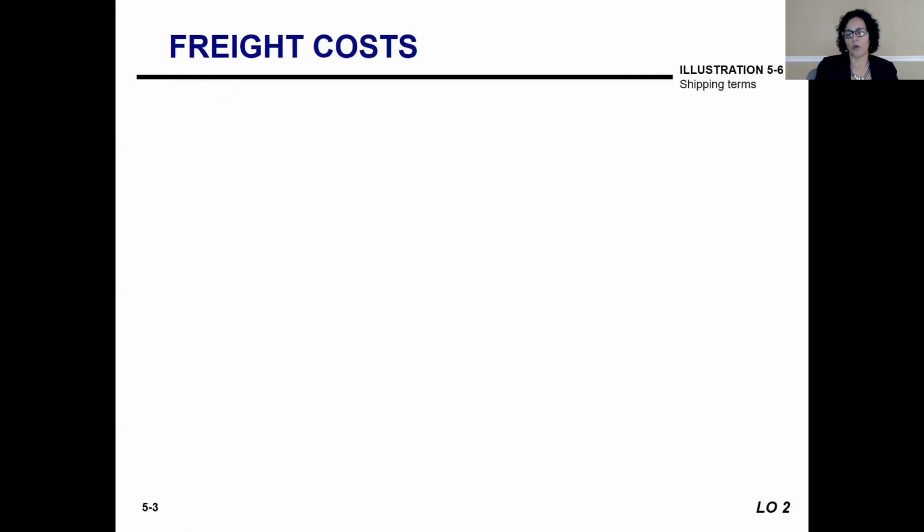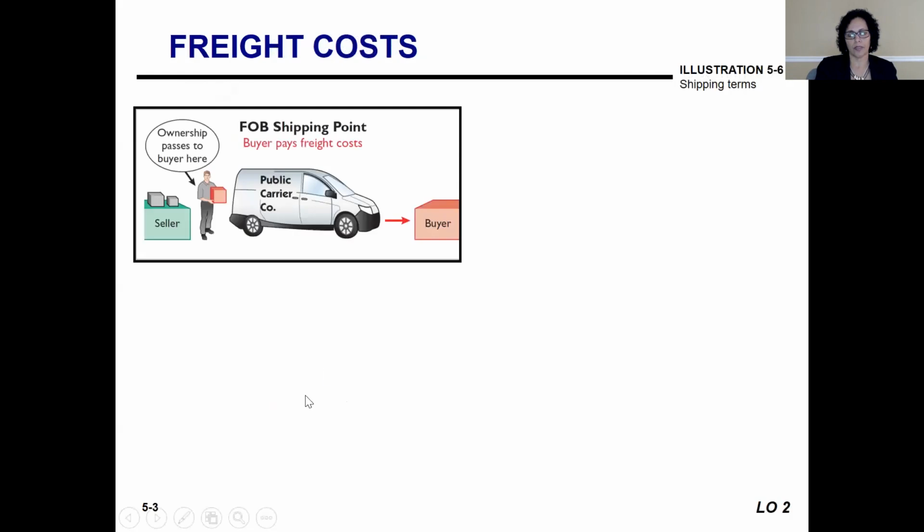So how do we find out who pays for it? It depends on the terms used in the contract. So if it is FOB, which means free on board shipping point, the seller gives the goods to the public carrier. Let's say it's UPS. UPS gives it to the buyer. As soon as the seller gives it to the UPS public carrier, the ownership passes to the buyer.